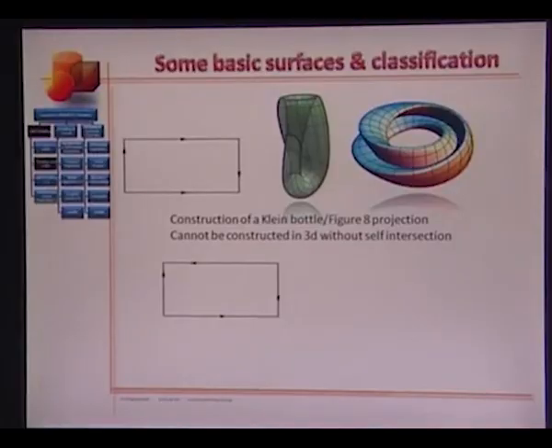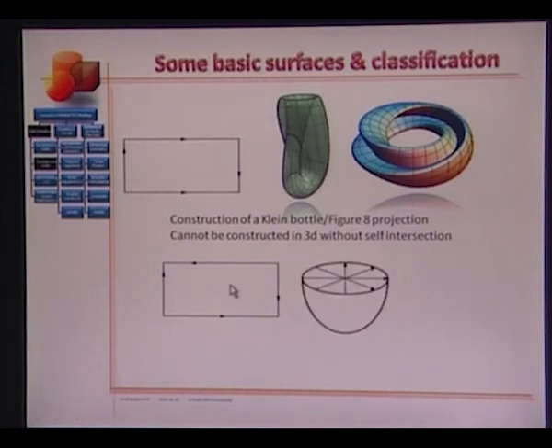Now let's talk about another basic surface called the cross cap. The idea is very simple to construct it. From a rectangular strip, try to join these 2 opposite edges so that these 2 arrowheads get aligned, and then try to join these 2 edges so that the 2 arrowheads get aligned.